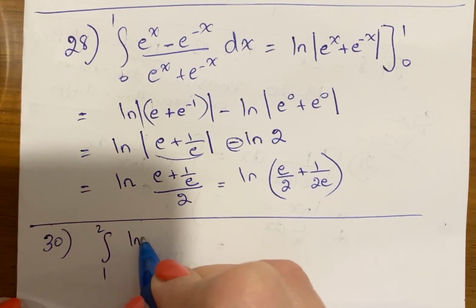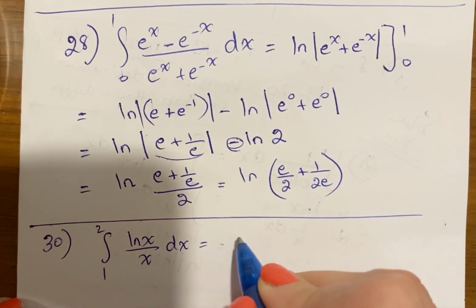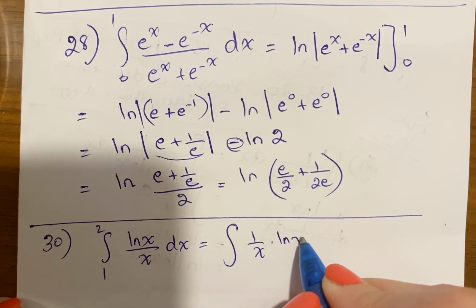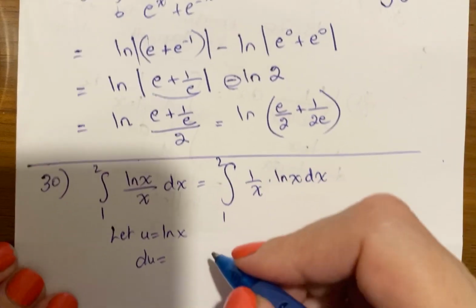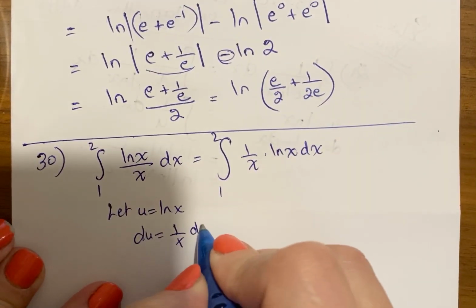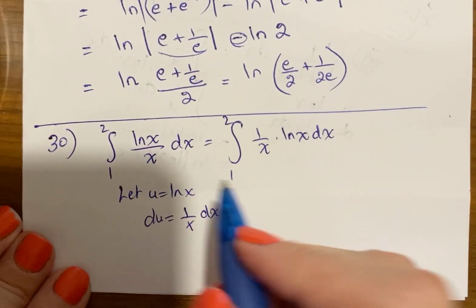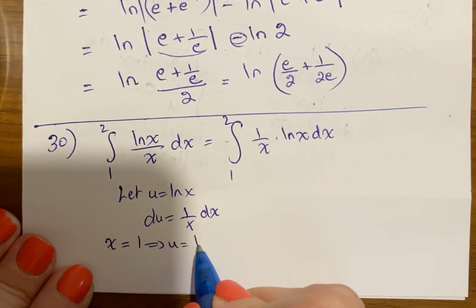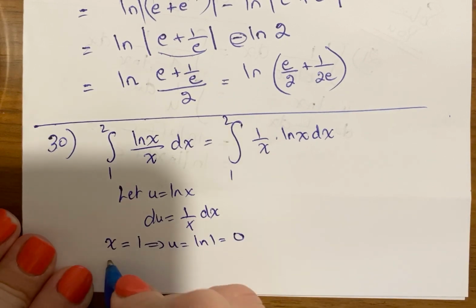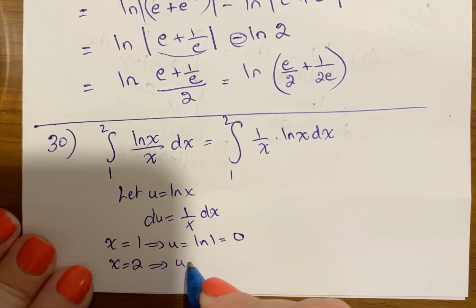From 1 to 2, ln x over x, which is 1 over x times ln x dx. We let u be ln x. Then du will be 1 over x dx. The moment I have limits, x equals 1, u is ln 1, which is 0. x equals 2, u is ln 2.